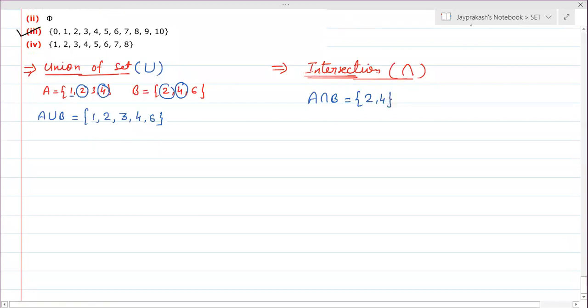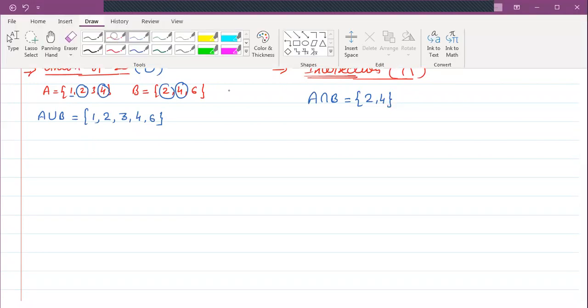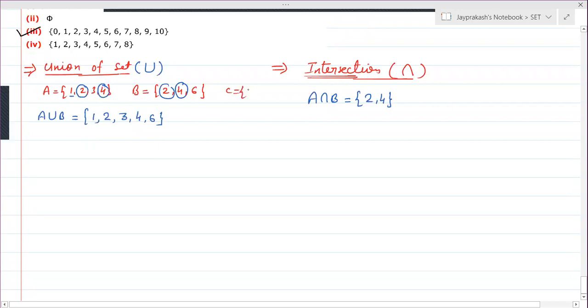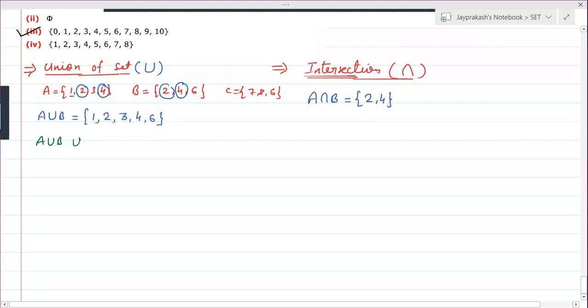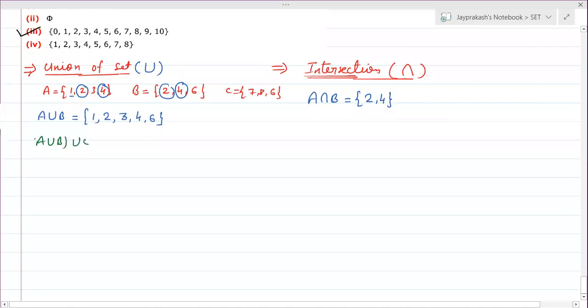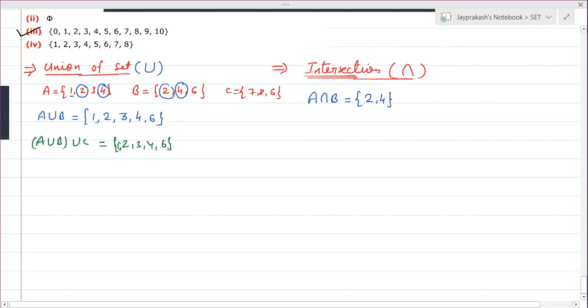They can ask for any 2, 3, 4 sets, whatever. Suppose we consider here set C, that is 7, 8, 6, and we need to find the union. So for calculating the union, that means A union B with the union C, we will use grouping. First we will calculate A union B, which we have already calculated: 1, 2, 3, 4, 6.